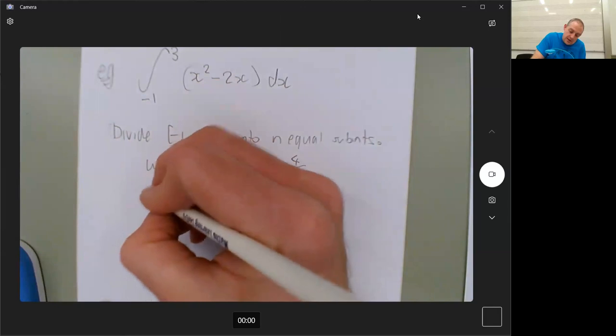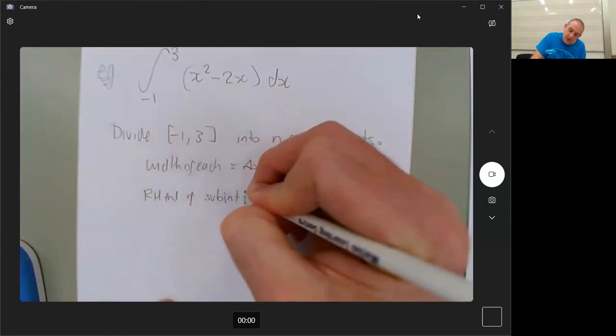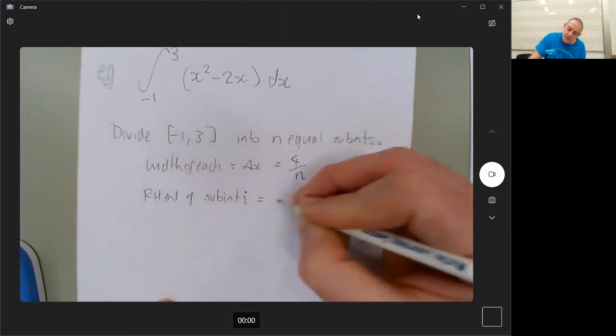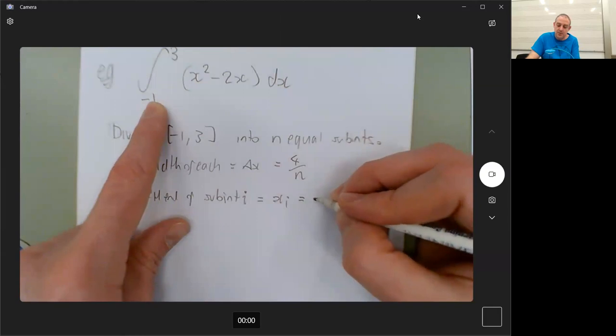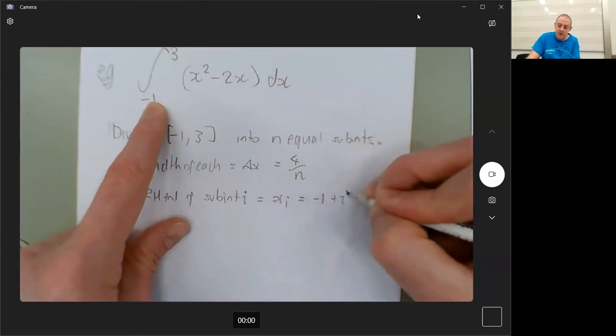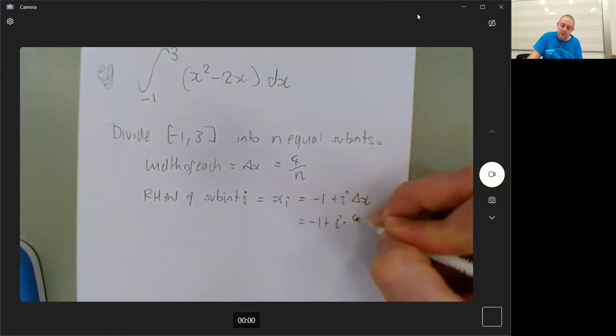And the right-hand end of subinterval number i is called xi, and it is the extreme left-hand end -1 plus i lots of delta x, which is -1 plus i lots of 4 on n.